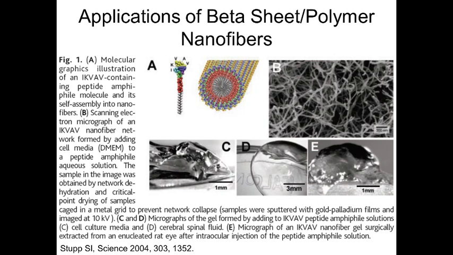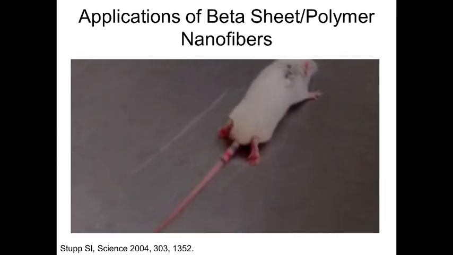They can be injected into a traumatized nerve tissue, and by this it is able to regenerate the nerve growth, as can be shown on the next slide by this animal model.